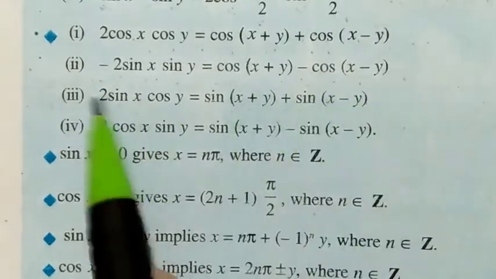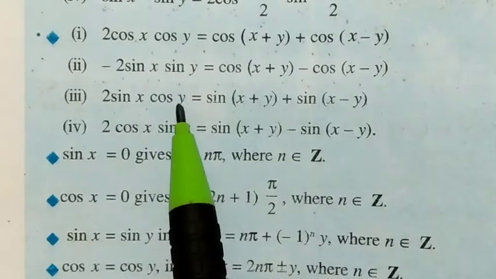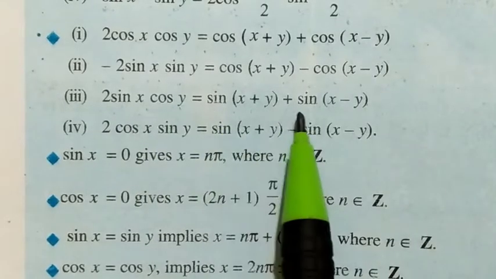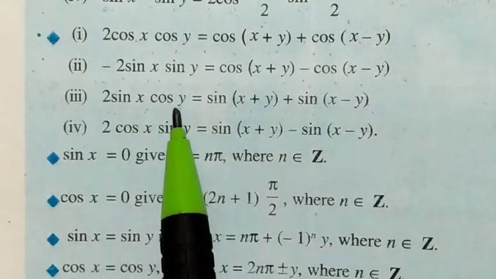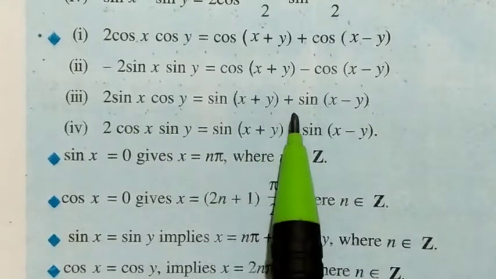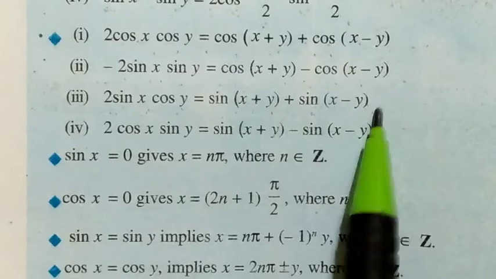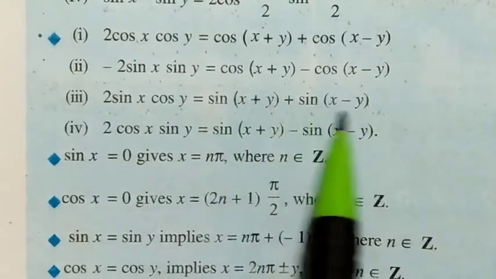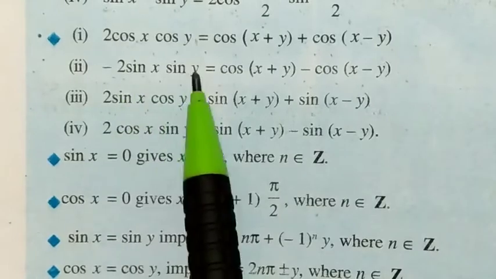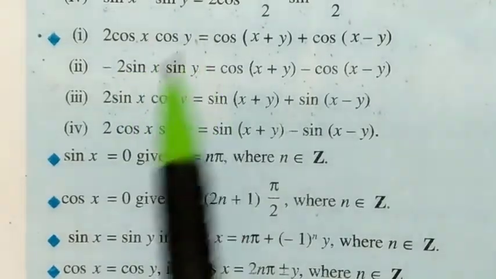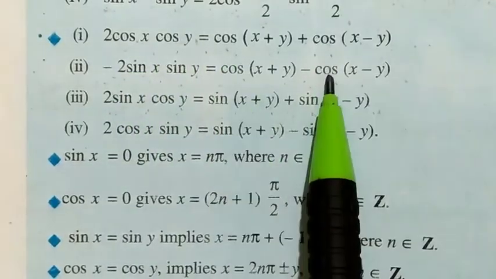cos(x-y). Now 2 sin x cos y is equal to sin(x+y) plus sin(x-y). First is sin, second is also sin. Means in cos cos or minus 2 sin sin, cos cos sin sin: if it is the same, it's cos cos cos cos.